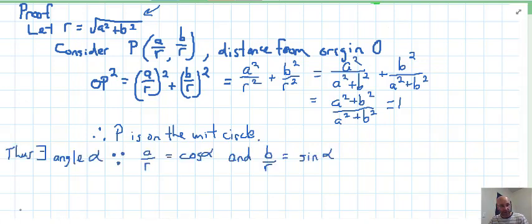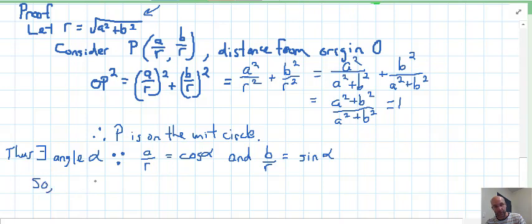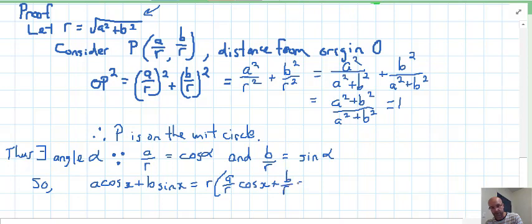So thus there exists an angle alpha such that a over r is cos alpha and b over r is sine alpha. So we can write a cos x plus b sine x equals r outside of (a on r) cos x plus (b on r) sine x.